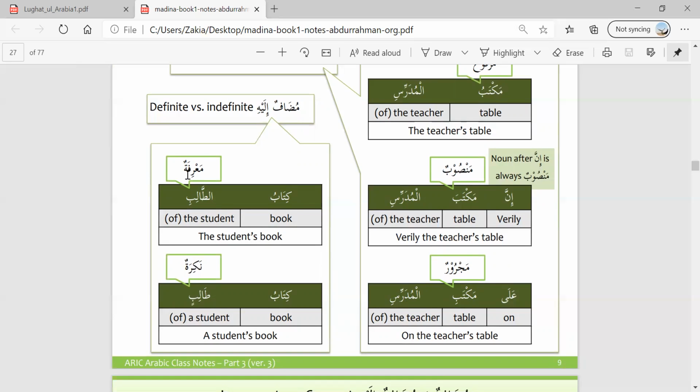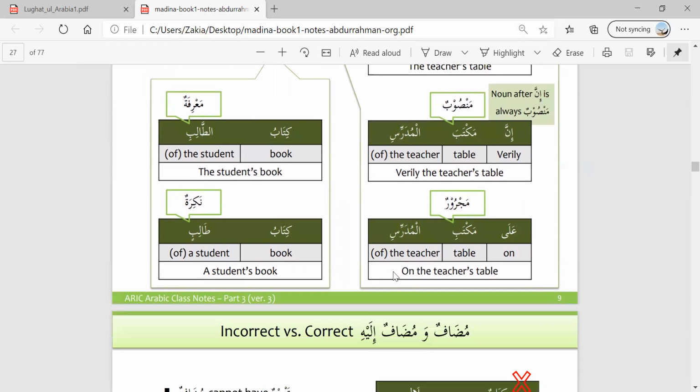Here we've just seen definite and indefinite. Here you have al, and here you don't have al. So that's two ways of doing it. If it's not definite, then you will put the double voweling, and look at the English translation. The difference is we say the student's book.